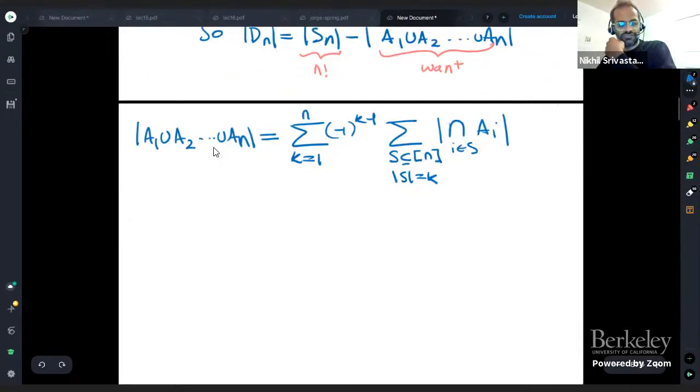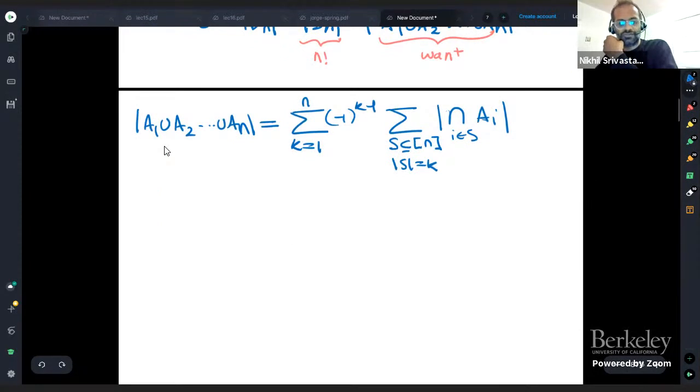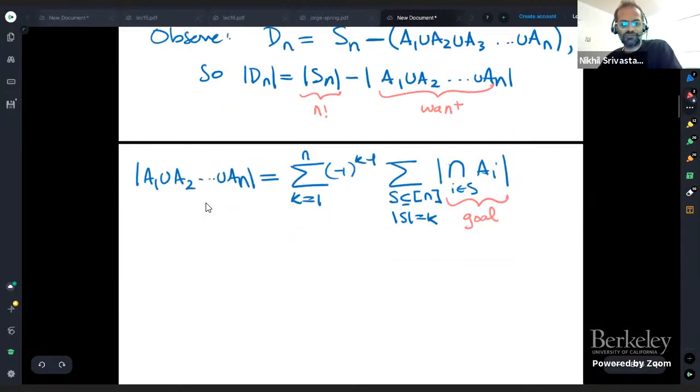So this reduces the task of computing the cardinality of the union to computing cardinalities of intersections. If I can compute those, I can plug them into the formula and get some expression. So let's do some examples. What's the cardinality of A1?